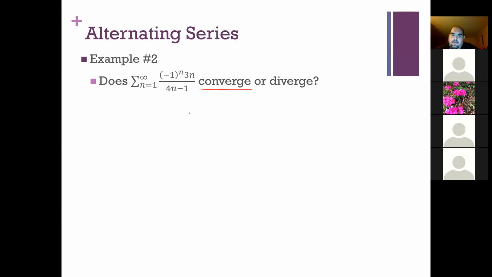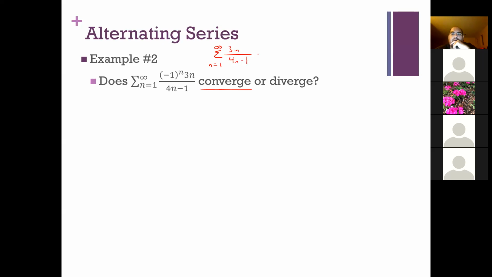I know that if it didn't have the alternating component, it would converge, right? Let's see. That's always a good thing to look at. So let's compare it to things we understand, or things that are at least a little simpler. If I took out the alternating component, 3n over 4n minus 1, does this series that I've just written converge or diverge?